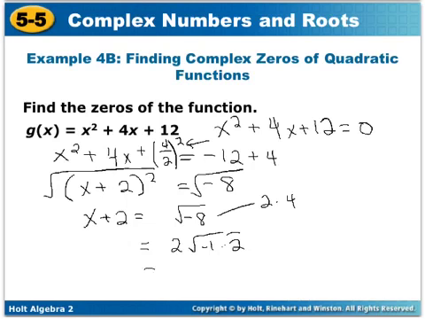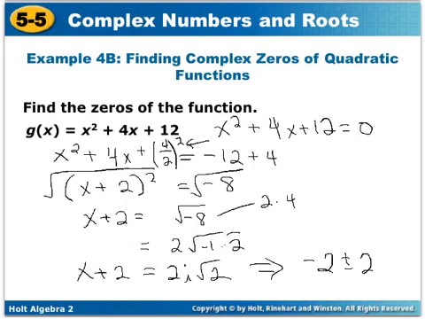Keep on simplifying. I get 2i square root of 2. I still have this over here. Subtract 2 from both sides. My answer is negative 2 plus or minus 2i square root 2.